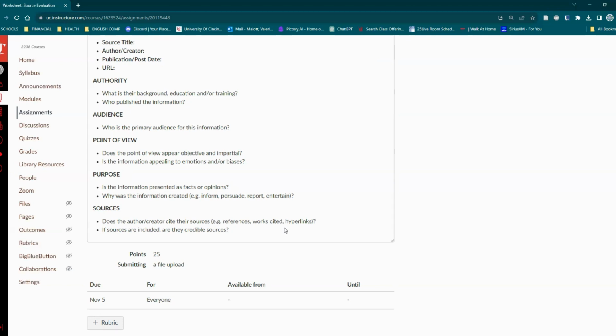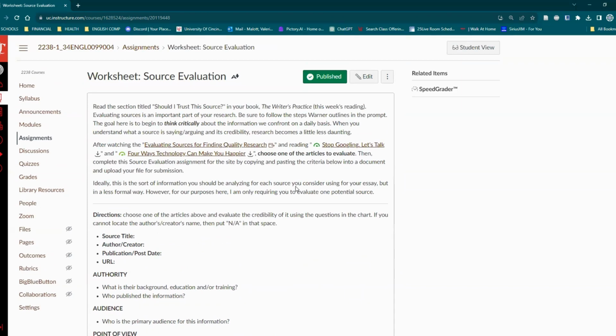So I really want you to think about evaluating one of these articles. It's perfectly fine to be critical of the things that I'm assigning, right? Because you'll find that some of them are really strong and credible, and others might not quite be as strong.